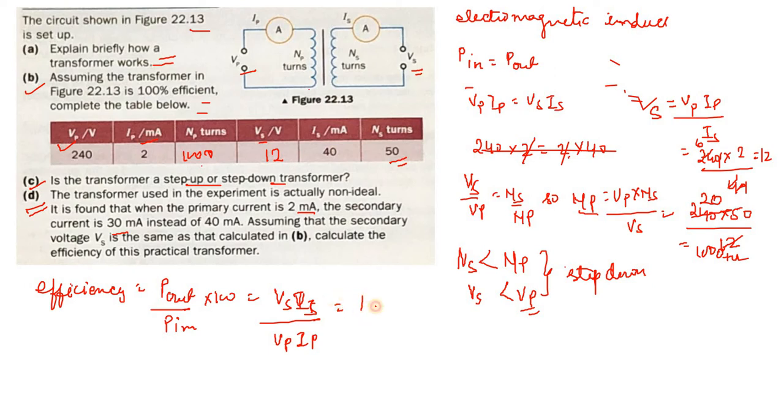So Vs was 12, Is was, based on this data, 30 instead of 40, so 30 milliampere. I'm not writing milliampere because this is going to cancel out, divided by 240 into 2 milliampere. So cancel out, this will be 15, this will be 20. And obviously if you want to show it in percentage, you have to multiply by 100. So if you solve this you will get around 75% efficiency.